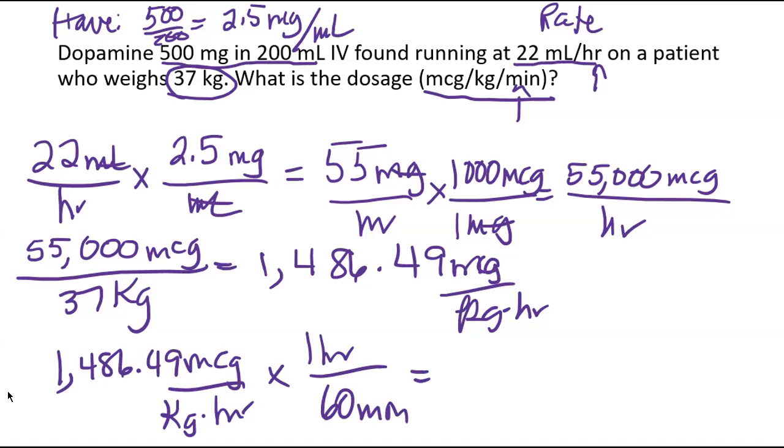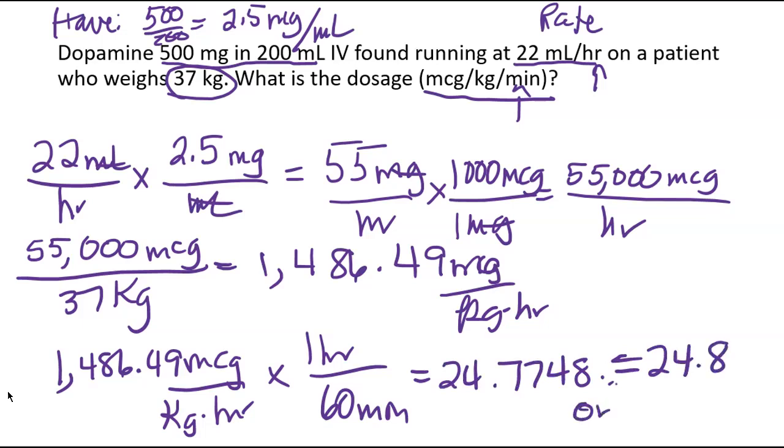So then you take that god-awful number and you divide it by 60 and get a little bit better number. 1,486.49 divided by 60, and you get 24.7748. So basically, this is going to be 24.8 or 25. Okay, 25. That's going to be micrograms per kilogram per minute.